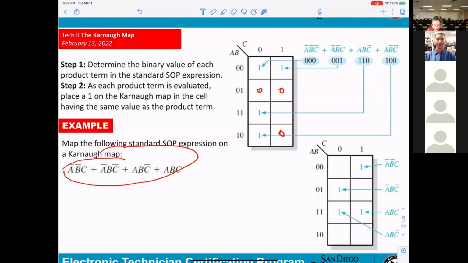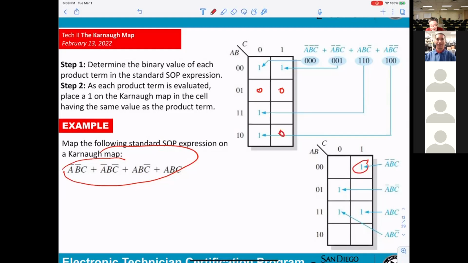Each product, not A, not B, C, gives a logic 1. So you look here to see which cell is not A, not B, C. That's why you get this one right here.